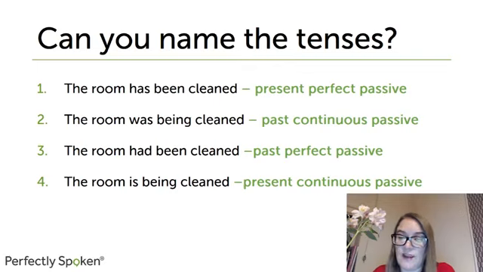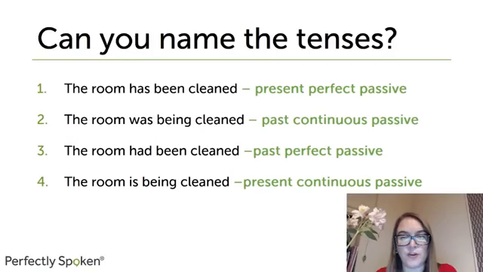Sentence 3, the room had been cleaned is past perfect passive. And sentence 4, the room is being cleaned is present continuous passive. Really well done if you correctly identified the 4 tenses there.